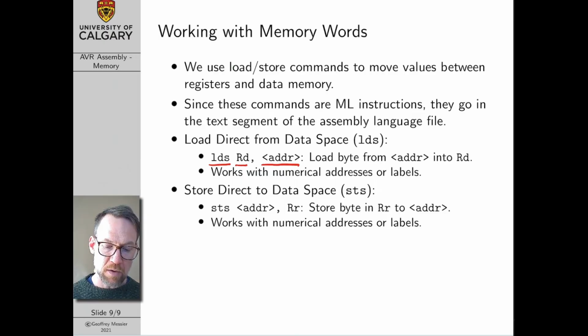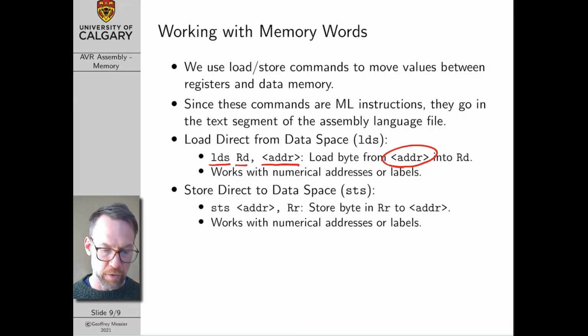Now, the nice thing about LDS is we can give it a numerical address if we want. We can say, copy in a value at address 4000 into our register, but we can also use labels here. So we know labels are aliases for memory addresses. So rather than trying to keep track of all the numerical memory addresses, we can just give it the label that we want.